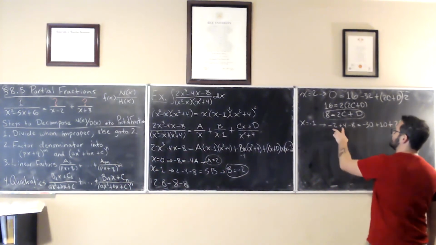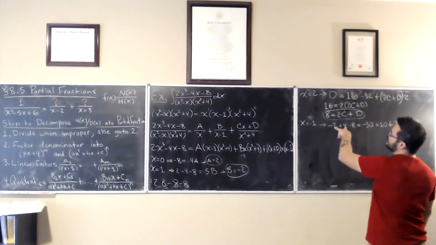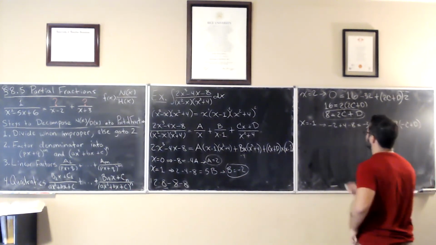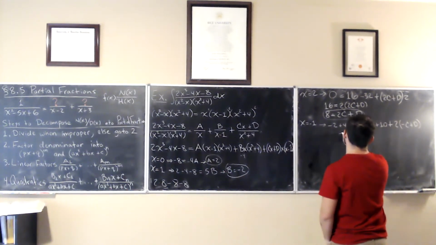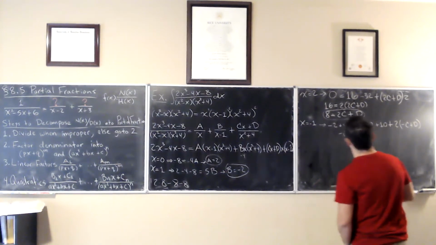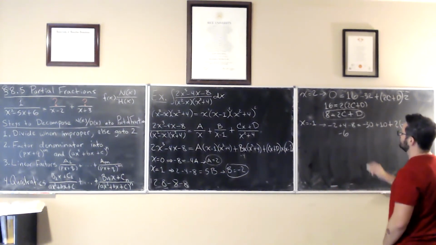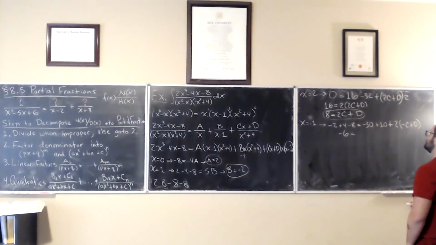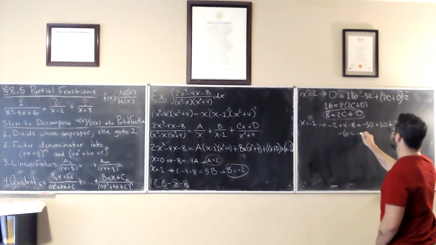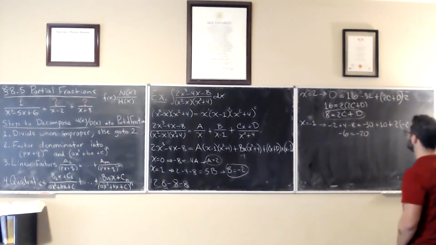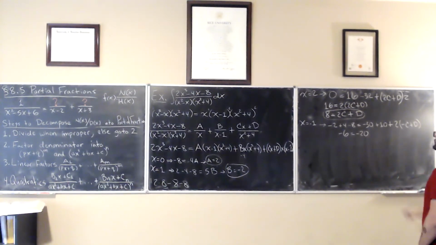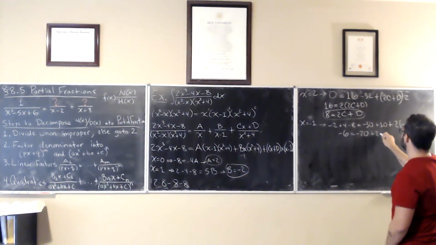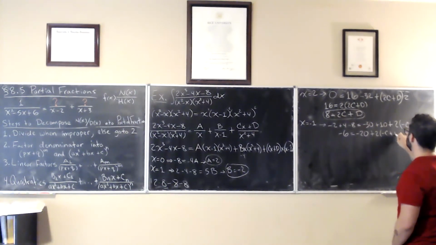So -2 plus 4 is a +2 minus 8, so -6 on that side. -30 plus 10 is a -20, plus 2 times -c plus d.